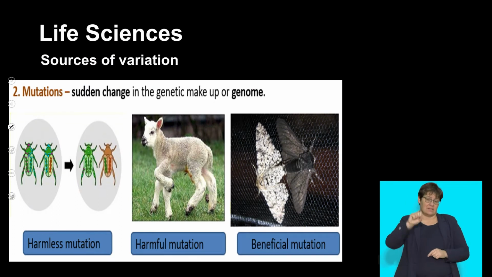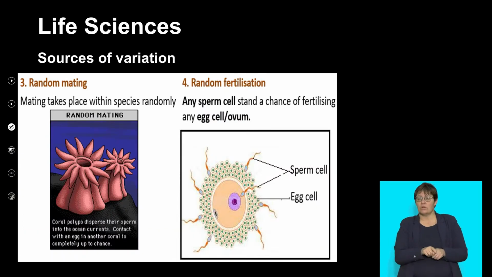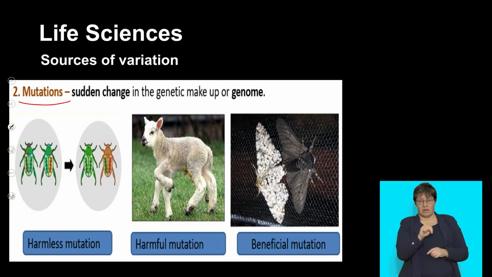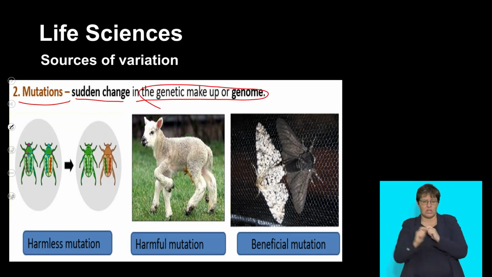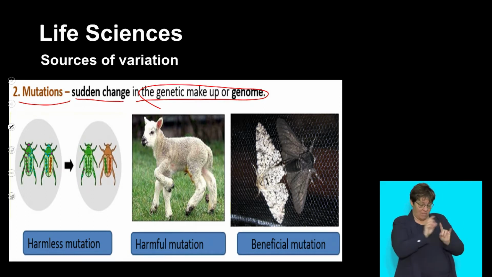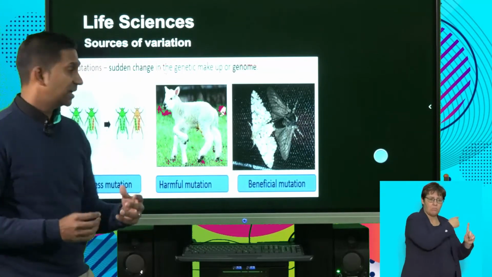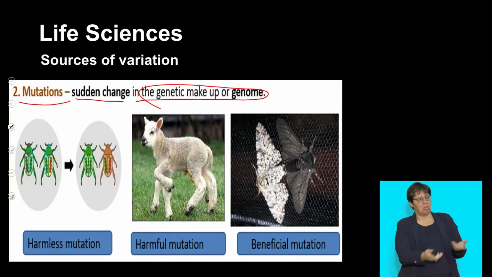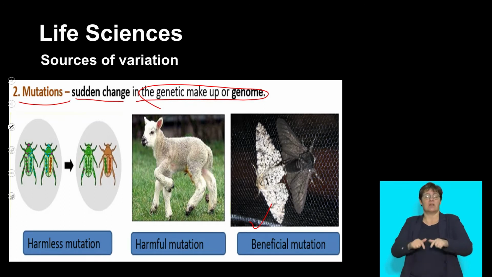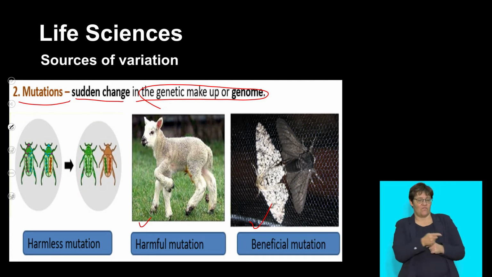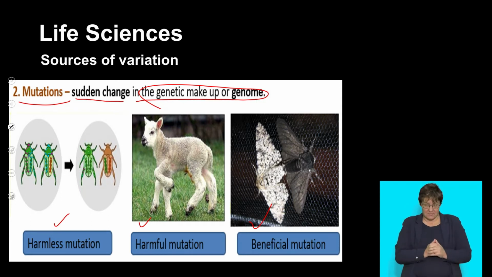We must also note that mutations are sudden random changes in the genetic makeup that produce variation, and that variation often gives individuals different characteristics, either giving them an advantage or not. And so if it is a useful mutation, they continue to survive. If it is harmful, you'll find that sometimes it eliminates those individuals from the population. And sometimes we also see that they are neutral or really don't affect the species or the individual.